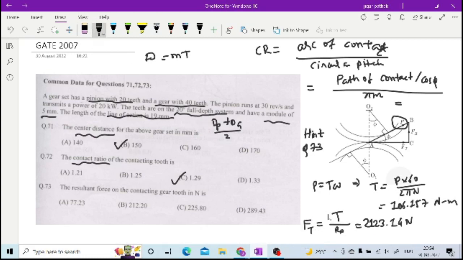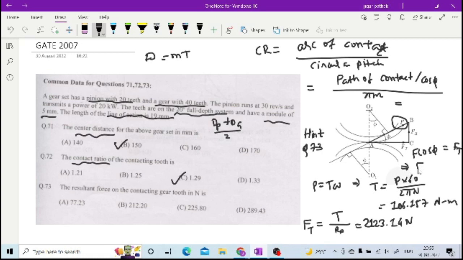So once you have that Ft with you, you can easily calculate this F, because this F cos phi is actually the value of this Ft, which you have already calculated.